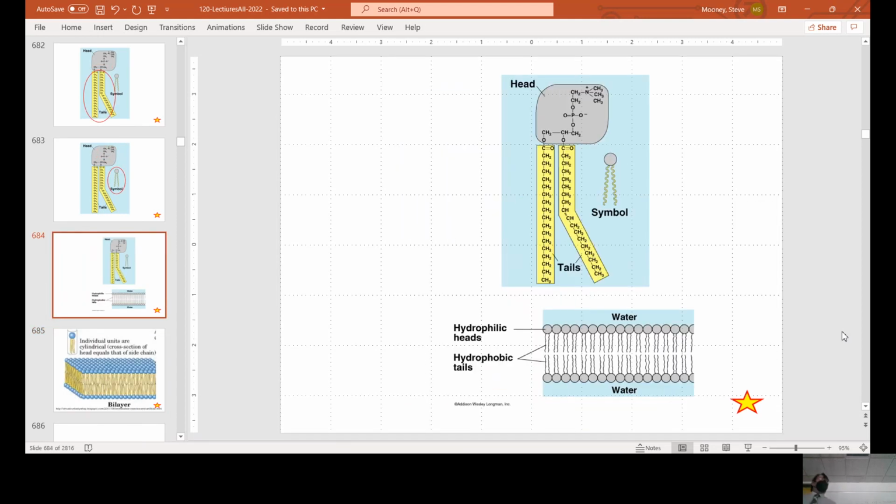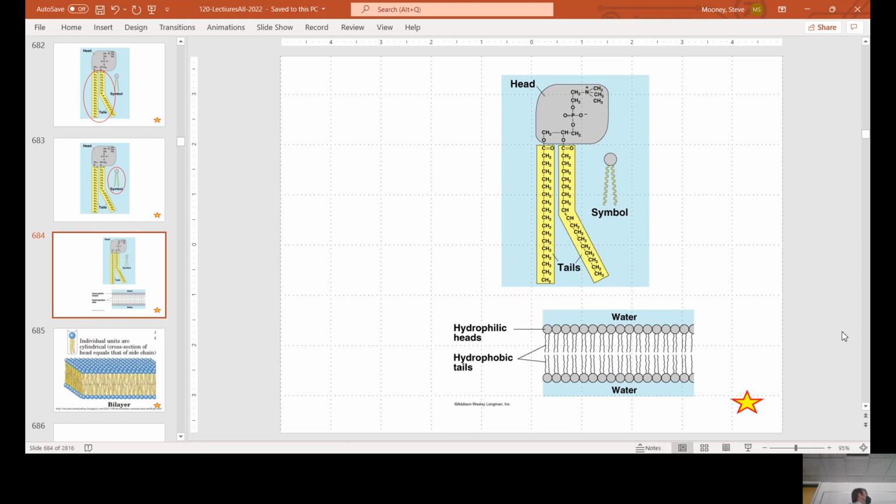So what happens with our phospholipids, we take that symbol right up here, and you can see that we've got a whole bunch of them lined up next to each other with the polar heads facing out toward the water and the hydrophobic tails gathering together. The hydrophobic, afraid of water, they're going to hide behind the hydrophilic heads to get away from water.